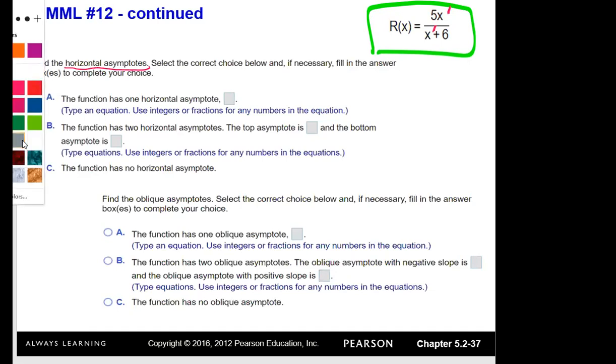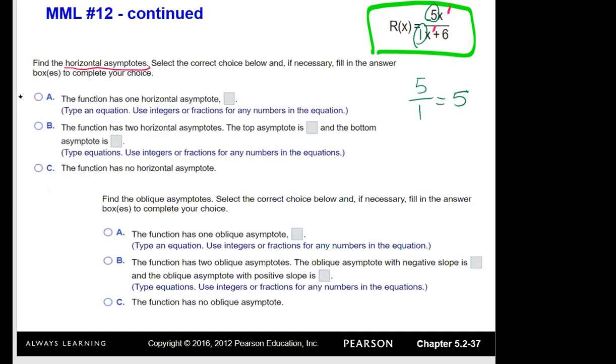And my coefficients are this 5 and the invisible 1 right here. So it's going to be 5 over 1, which is 5. So it has one horizontal, and remember, horizontals are always y equals wherever it crosses the y-axis.